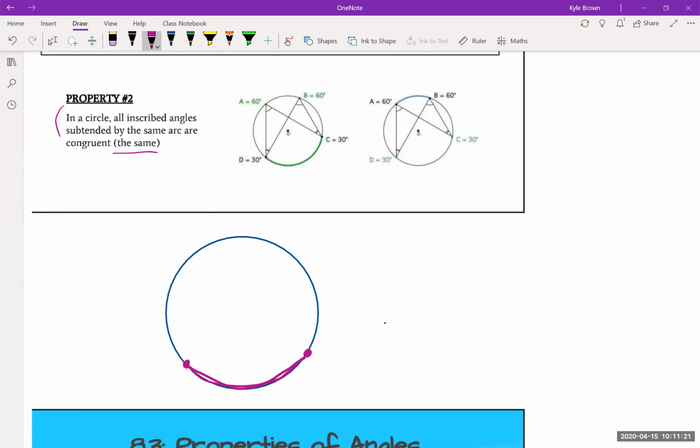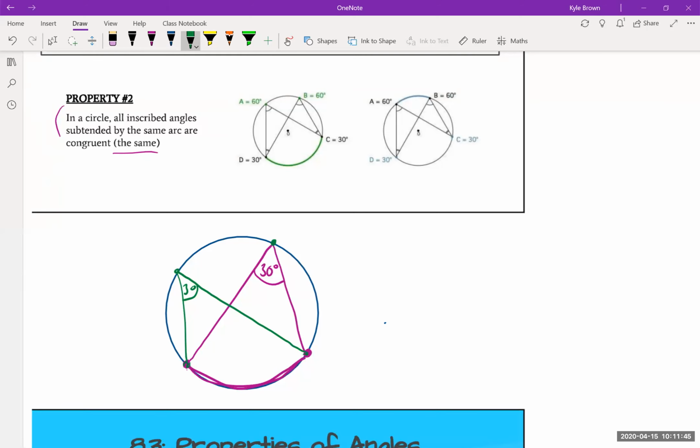Then if I drew a line from there to there and said that this was, let's say, 30 degrees, well, then it would also be the case that if I drew a line from there to there, this would also be 30 degrees. It doesn't actually matter where I inscribe that angle from these 2 legs.